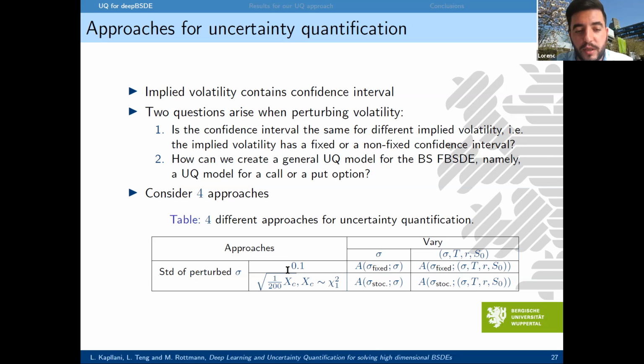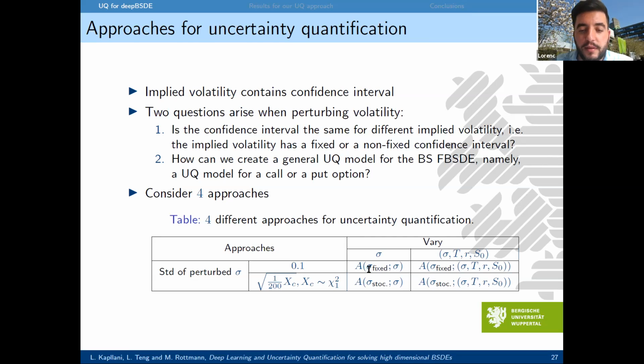The first direction is about the perturbations that we apply to the volatility, sigma. We either consider a fixed standard deviation for the perturbation, 0.1, or a different standard deviation, which is sampled, let's say, from a chi-squared distribution with 1 degree of freedom, and we take the square root of this with this factor here, so that all these values are generated around 0.1.